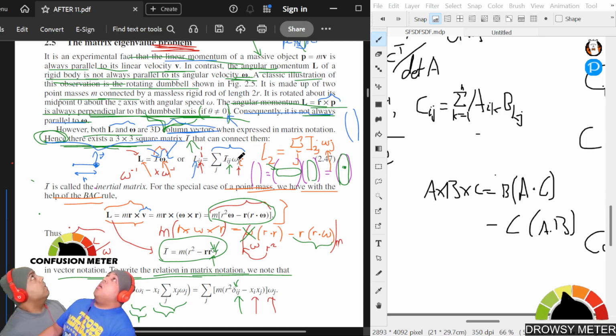Sum up all the columns, so we go into all the J's. Omega 1, omega 2, omega 3, omega 4. 1, 2, 3, 4.